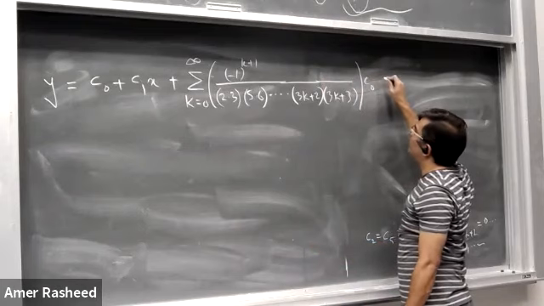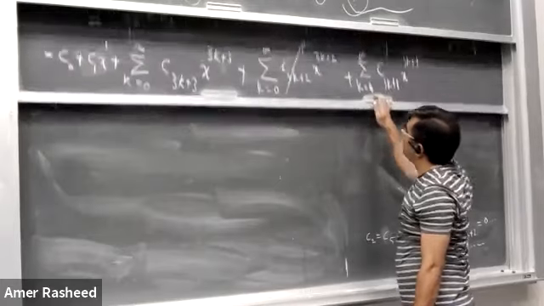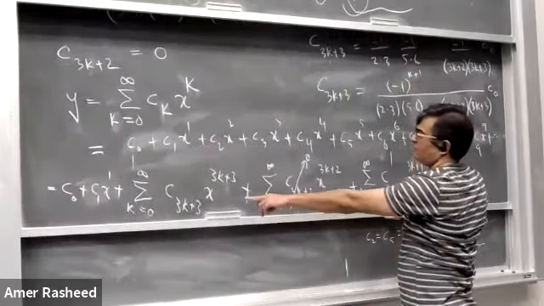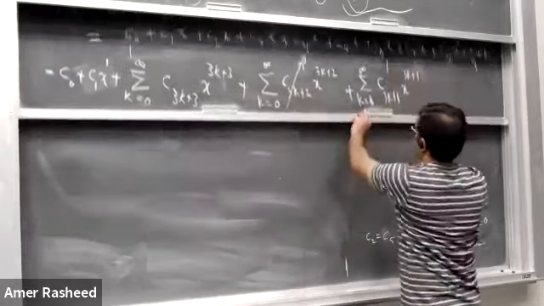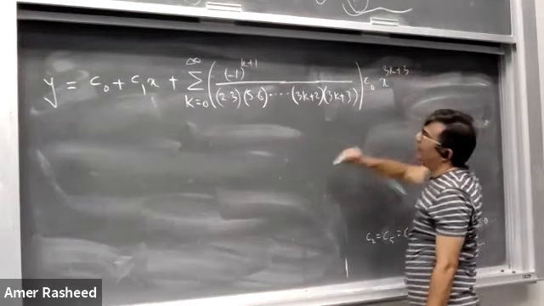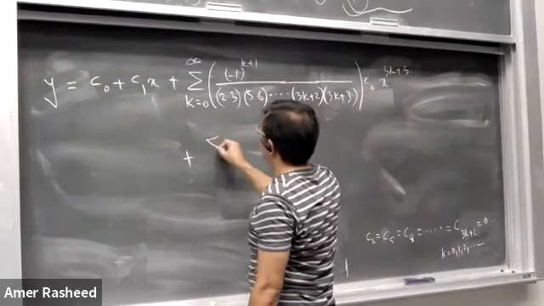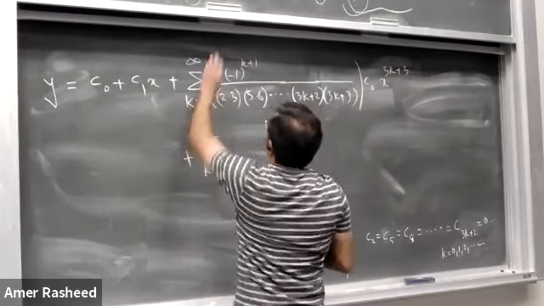C naught और फिर x power 3k plus 3, and then plus summation k from 1 to infinity.